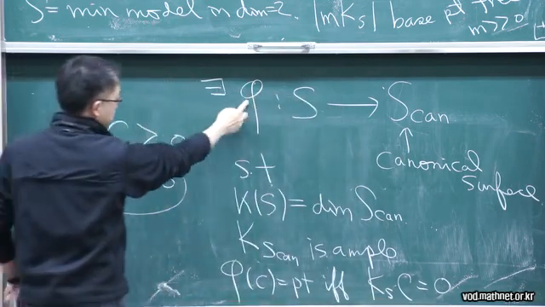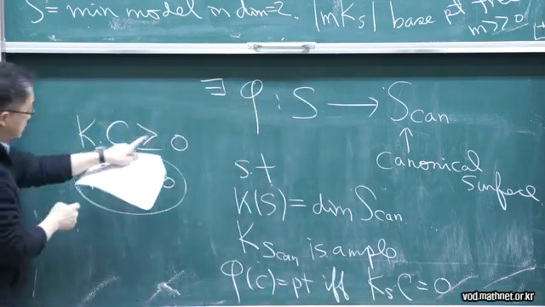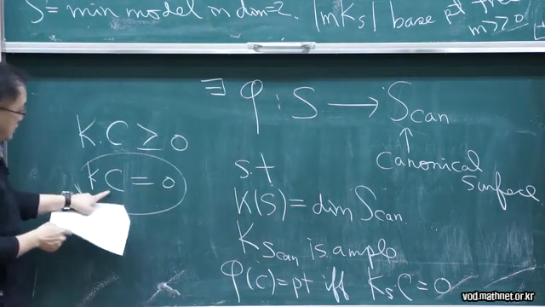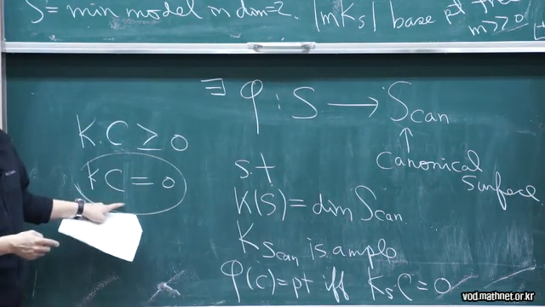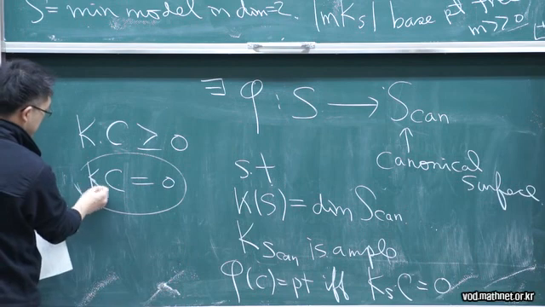So this is the map which precisely contracts the curves whose intersection with the canonical divisor is 0.